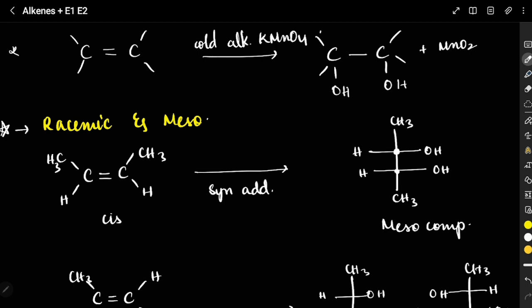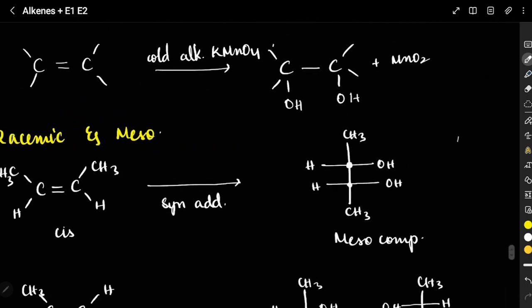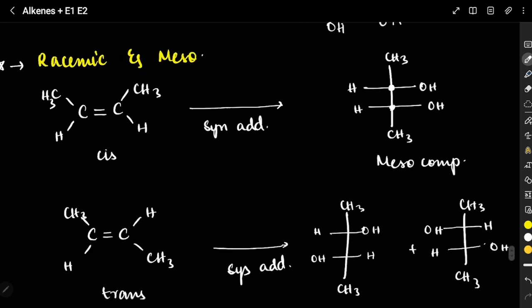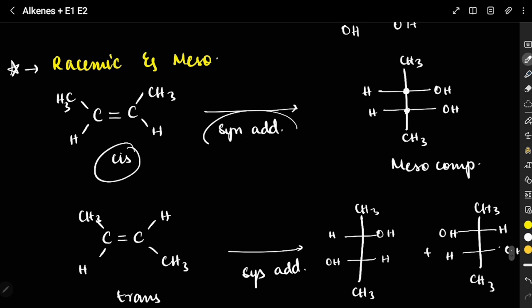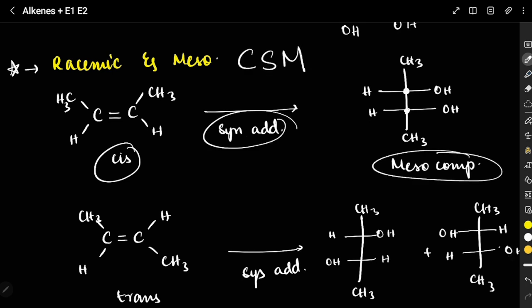If I draw another compound like this, these both are the same, right? So only one product is formed, and you can clearly see one will be R and another will be S. So it will be a meso compound. So cis alkene, syn addition, meso compound is formed. That's why we named it CSM.